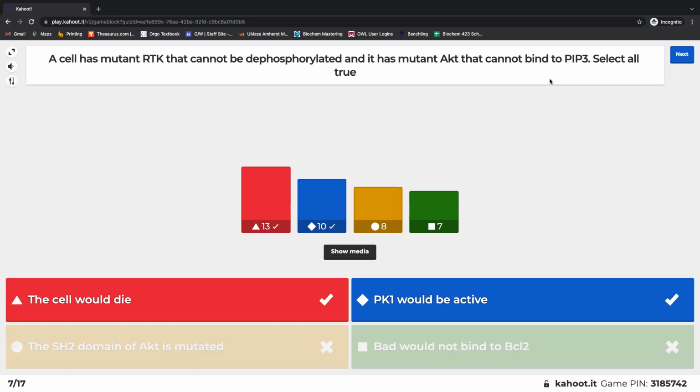But now we have this mutation with AKT. Just because PDK1 is active does not make AKT active. So this is a mutation where there's a gain of function upstream, but there's a loss of function downstream. And when this occurs, the response is not seen.